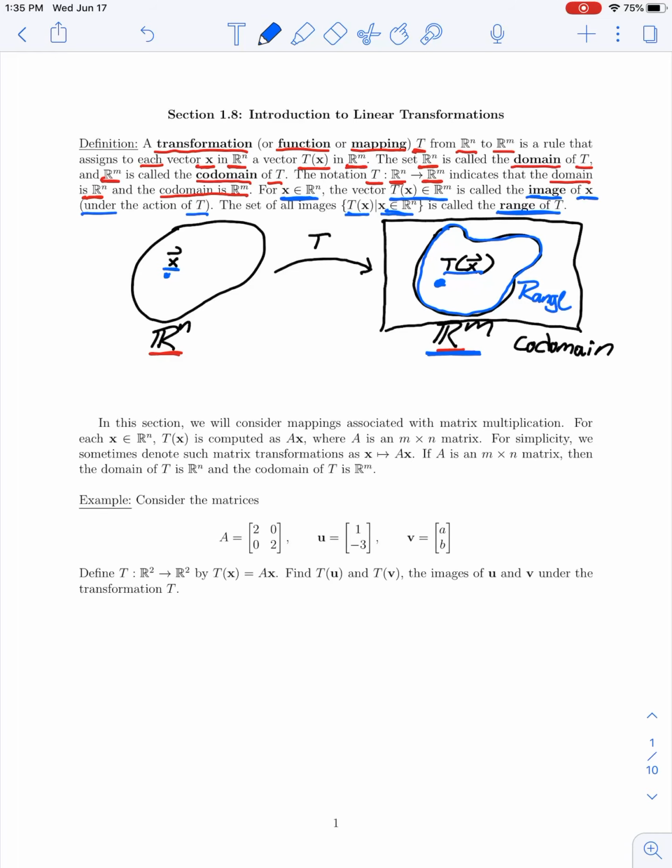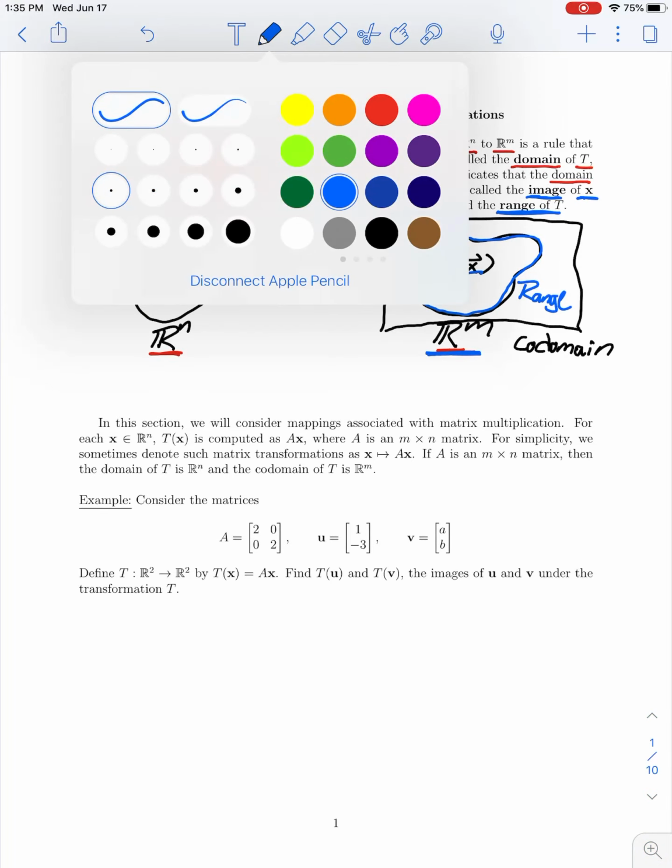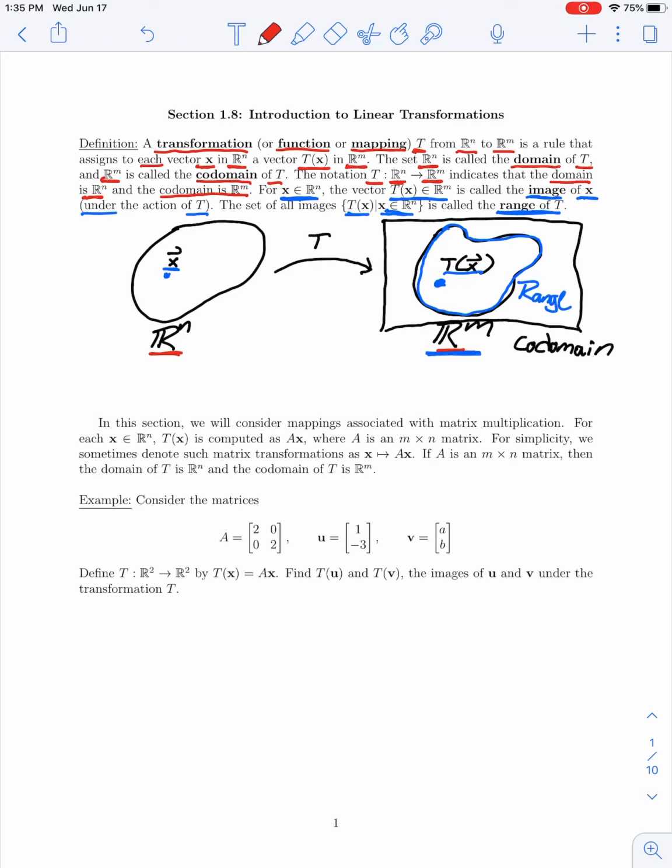Throughout this course, the transformations which we will be working with most often are mappings which can be described using matrix multiplication. What we mean by that is if we have a vector x in Rn, the transformation T of x is computed by taking the matrix A times the vector x, where A is some m by n matrix.